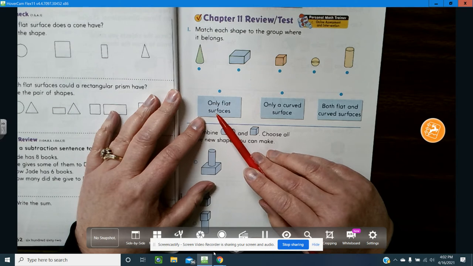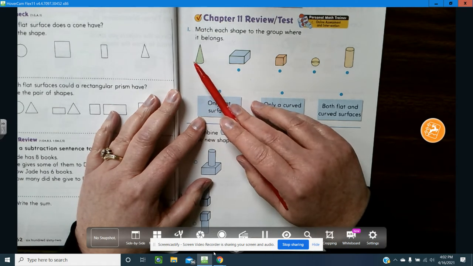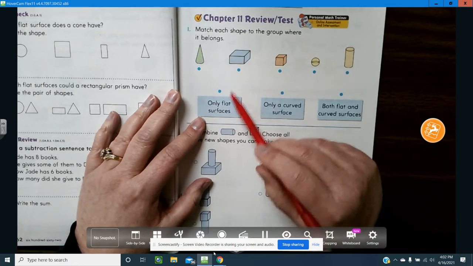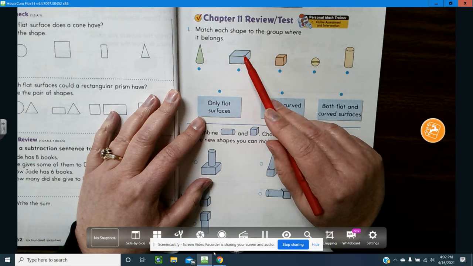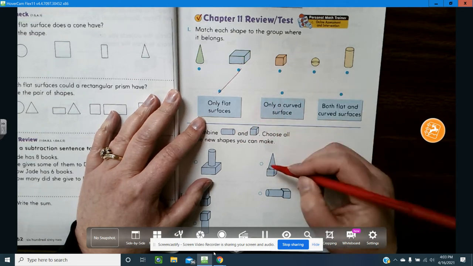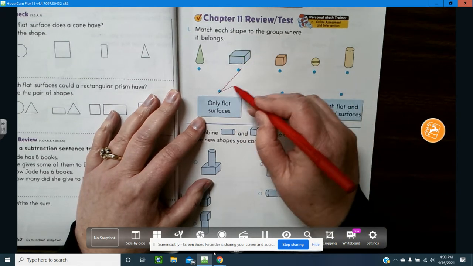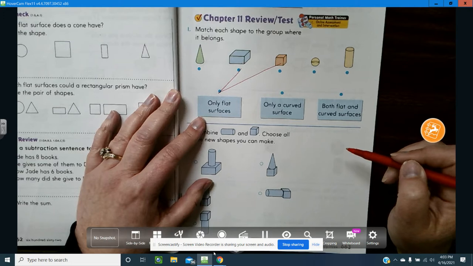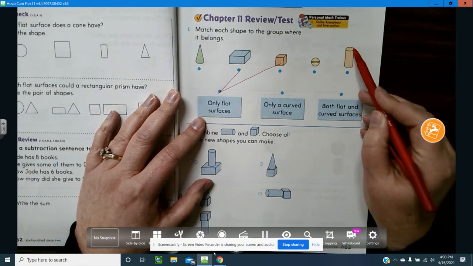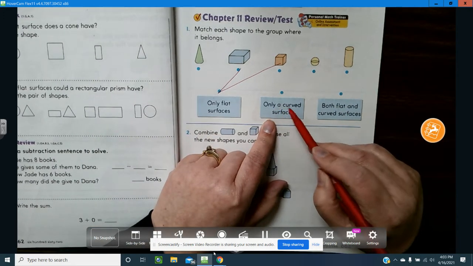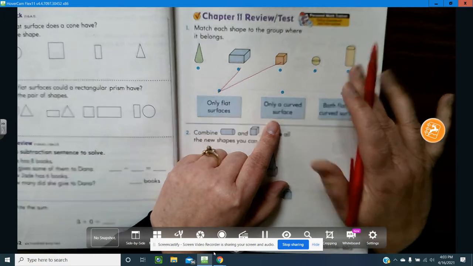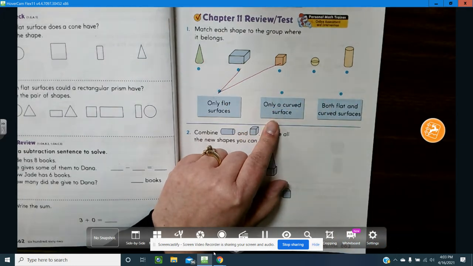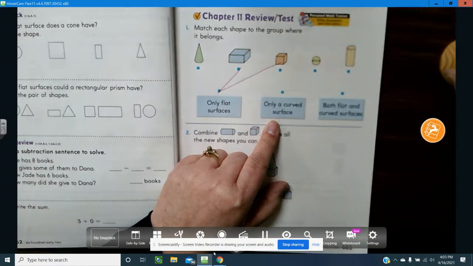Only flat surfaces, no curves. So this has a curve. Can't draw there. This one has all flat. So we would draw there. This one has all flat. And these have curves. Now you want only a curved surface, no flat. Well, we just learned that a cone has a flat circle.